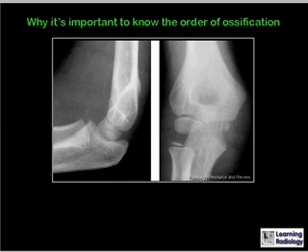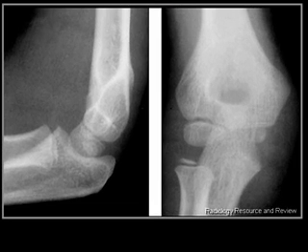At first glance, this looks like a relatively normal pediatric elbow, but let's examine carefully the centers which are ossified. The first one that should ossify is the capitellum. That's present. The second center that should ossify is the radial epiphysis, which is present. The third center which should ossify is the medial or internal epicondyle, and it is not present.